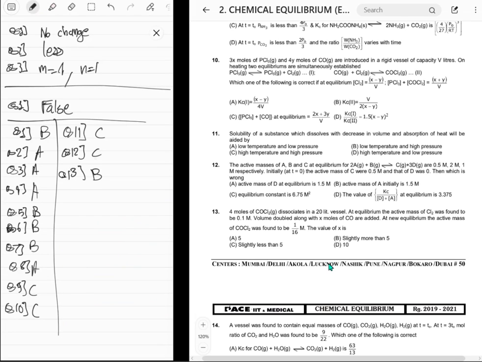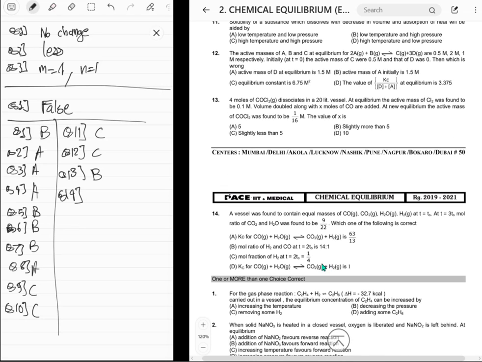Question number 14. A vessel was found to contain equal masses of CO, CO2, H2O, H2 at t equal to t naught and at t equal to 3 t naught. The mole ratio of CO2 and H2O was found to be 9 upon 22. Which one of the following is correct?